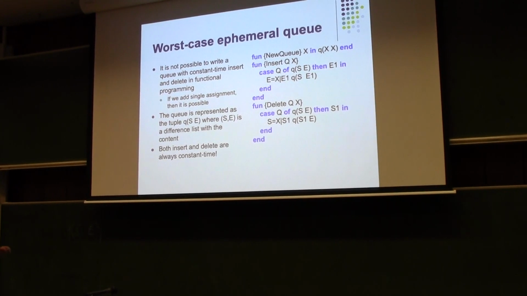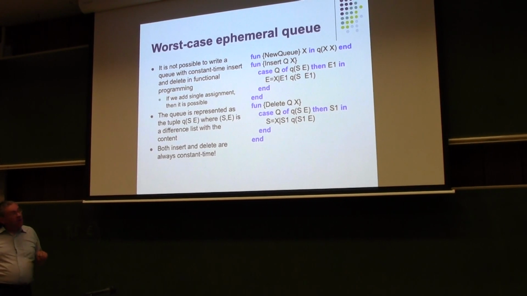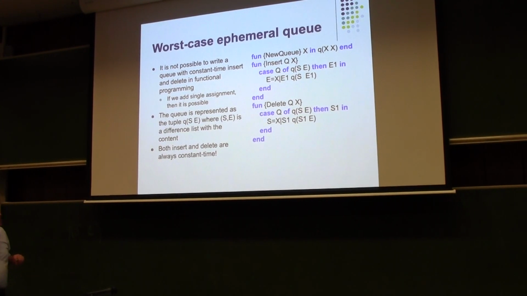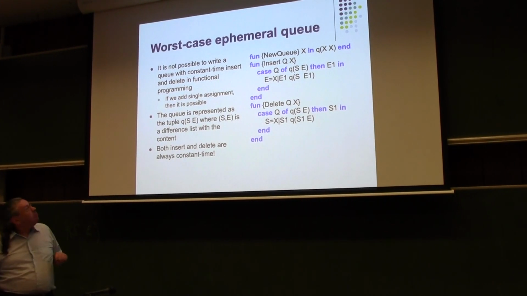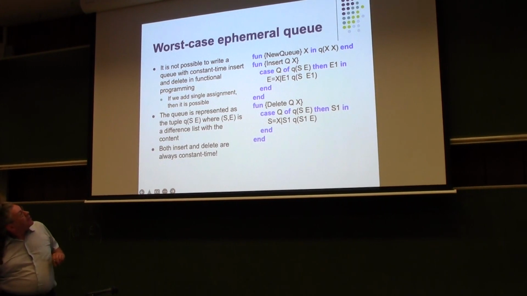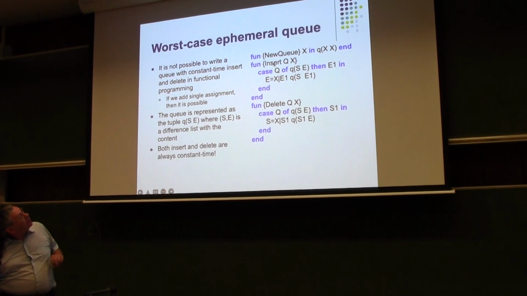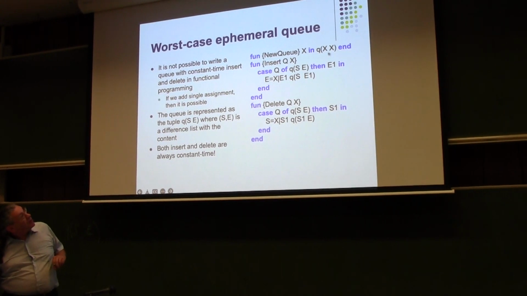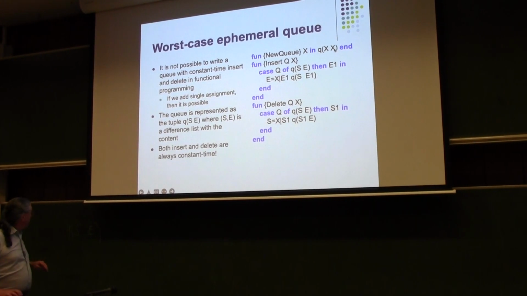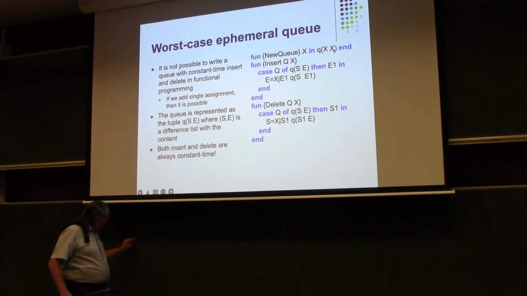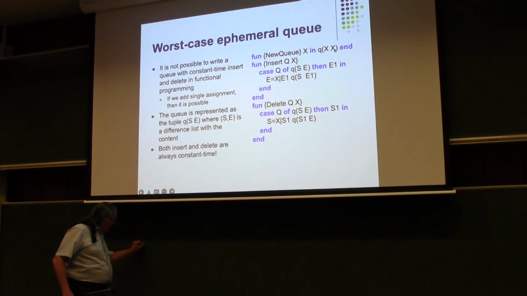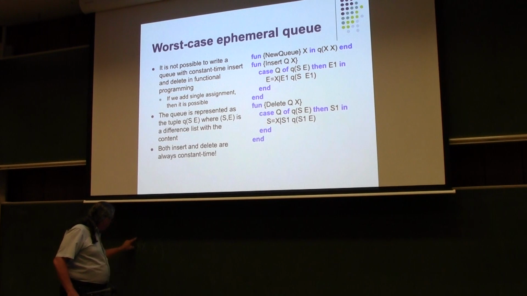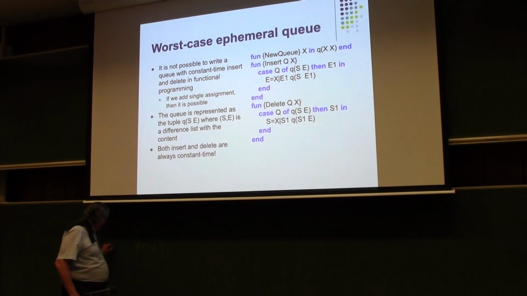In this one, both insert and delete are always going to be constant time. So here's the code. The new queue is just an empty difference list, which is two variables that are the same. Let me make an example here, Q X X. That's an empty difference list. That's an empty queue.